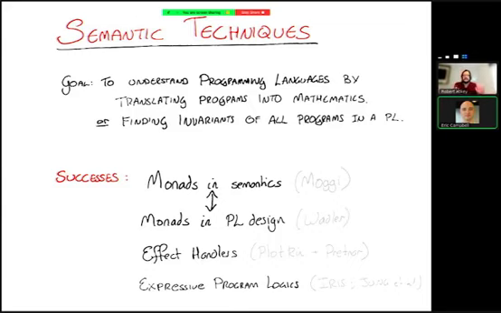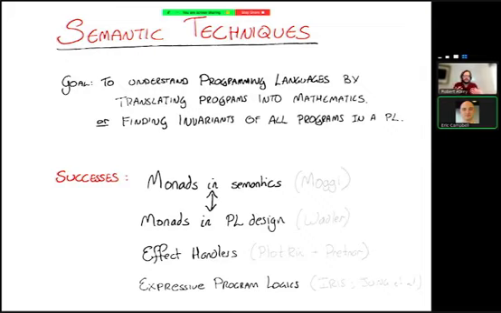Semantic techniques have a reputation for being a little bit esoteric, but there have been some enormous successes. So things like monads in semantics by Eugenio Moggi to try and tidy up the mess that was semantics in the late 80s. And that got turned into monads in programming language design by Phil Wadler, and that's sort of taken over the Haskell world and beyond. Another example is effect handlers by Gordon Plotkin and Matija Pretnar.